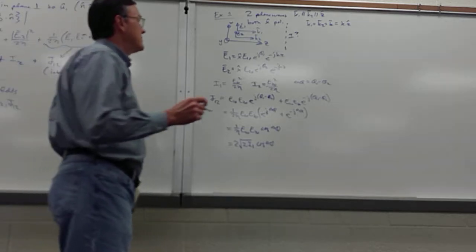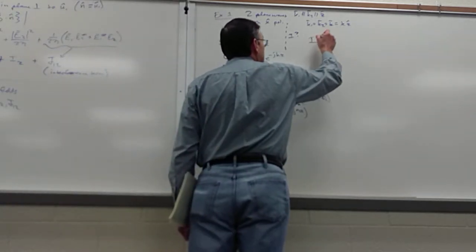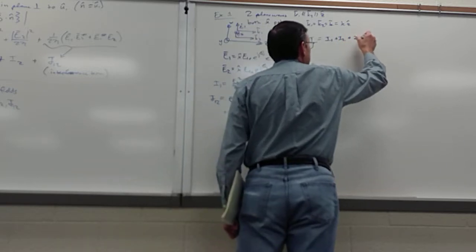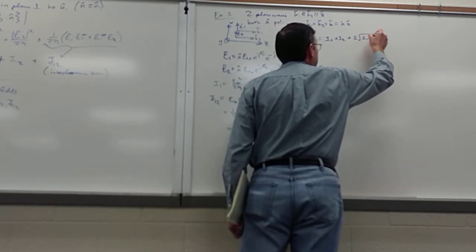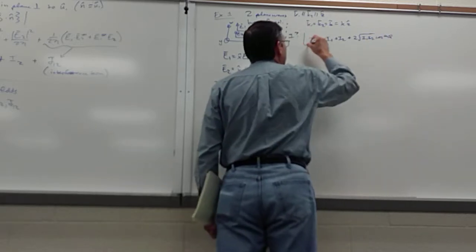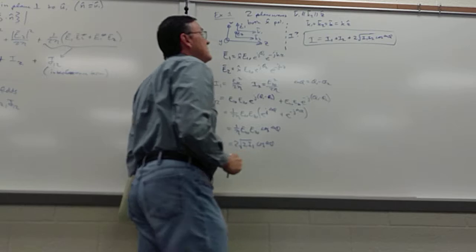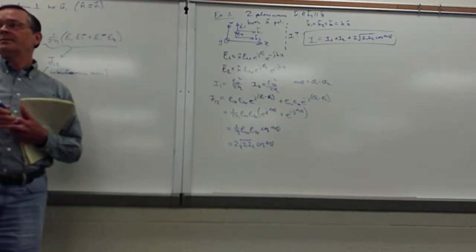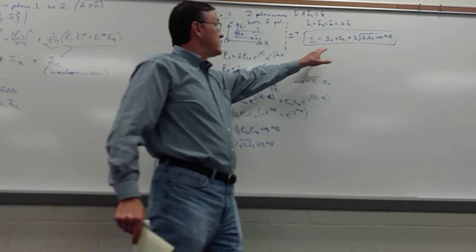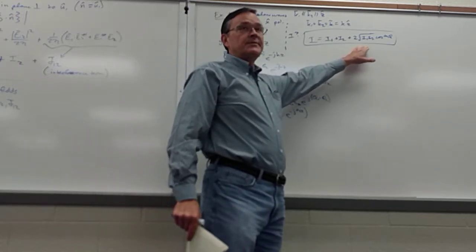So the full irradiance is I1 plus I2 plus 2 times the square root of I1 I2, cosine of delta phi. That's the irradiance that we get in a plane perpendicular to the direction of propagation, which is the sum of the individual irradiances plus this interference term.